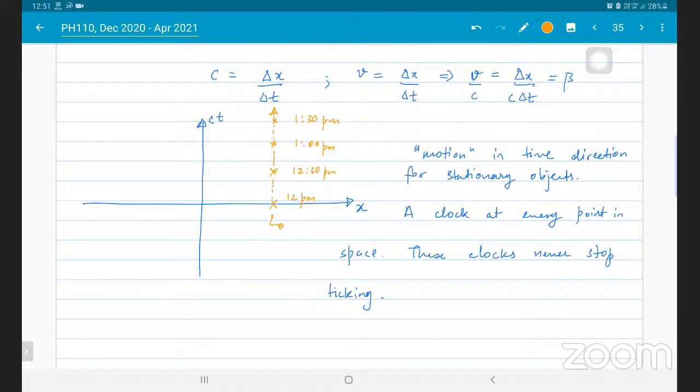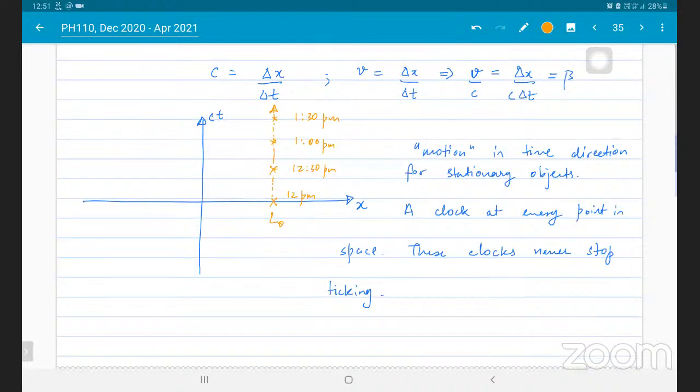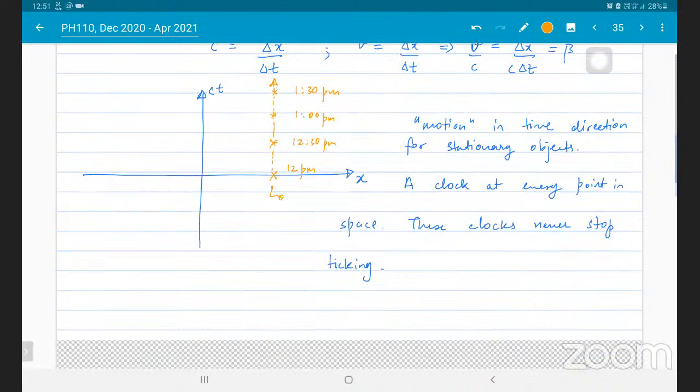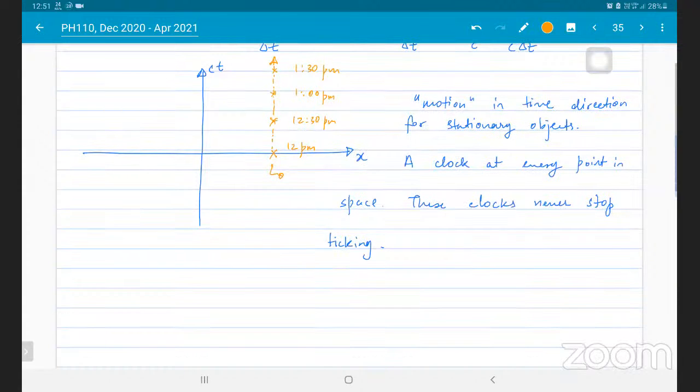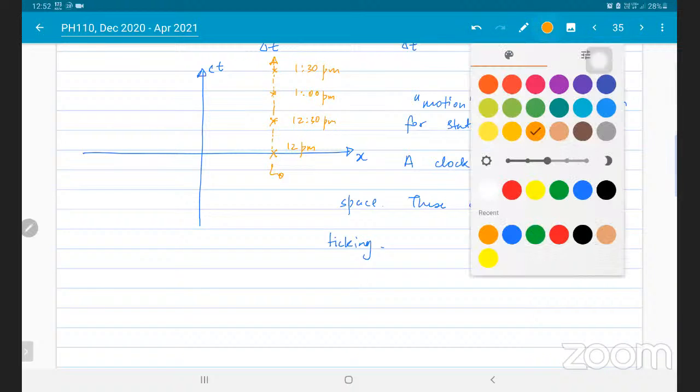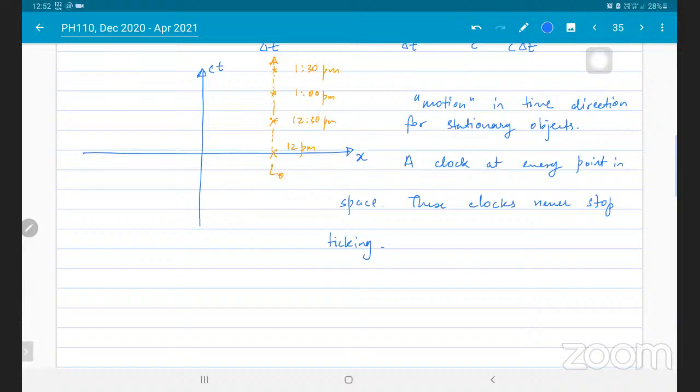So this is what we call the trajectory, or there is a word for it. This is called the world line of an object or a particle or a system, because whatever this thing is, we don't know what it is.